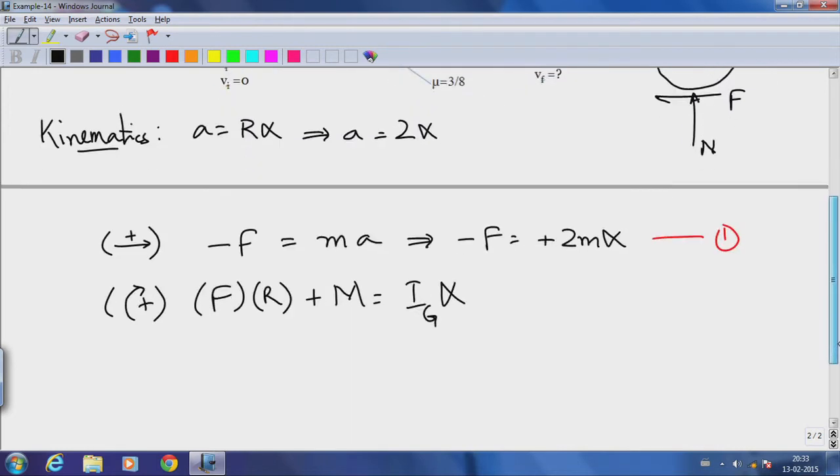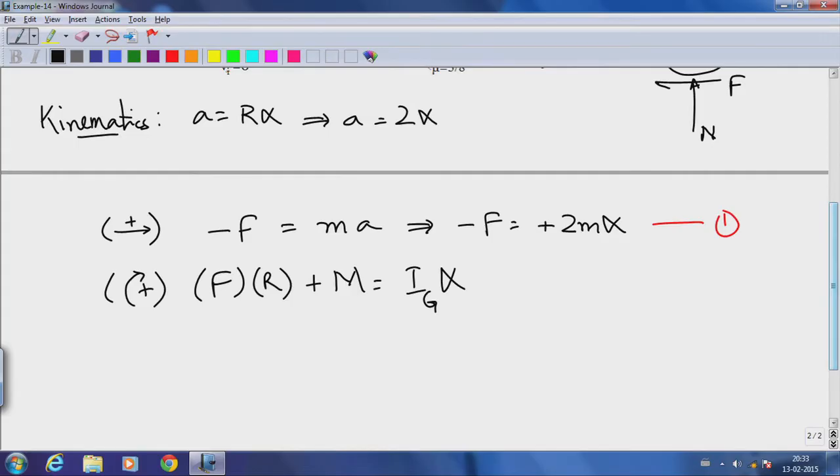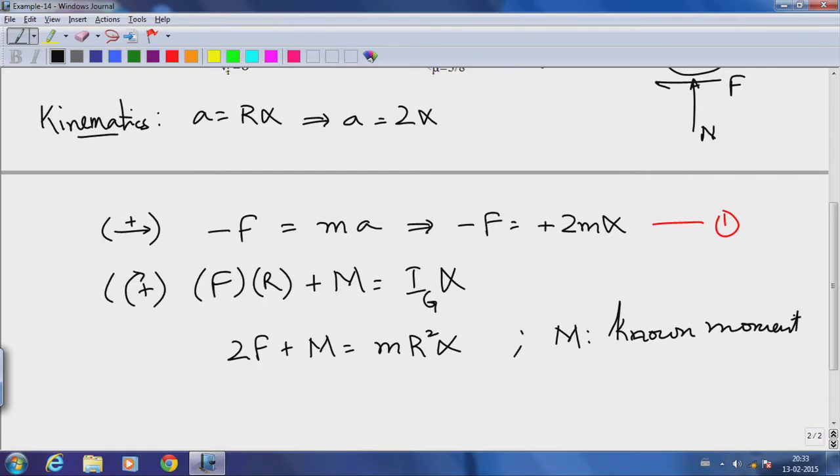Like always, this is written in the frame of reference with the center of mass being the reference point. So, this says 2F plus M equals m r squared alpha. M is a known moment, or a couple that is acting on this body.